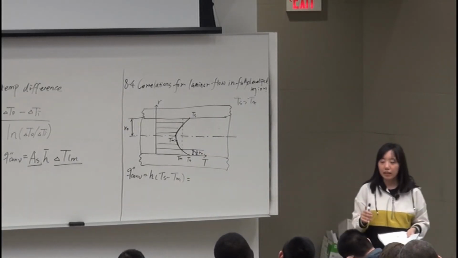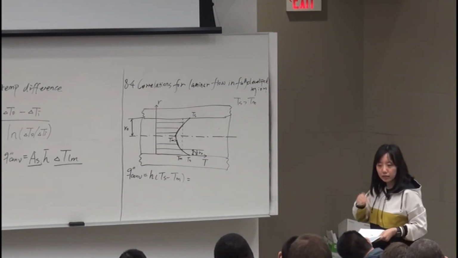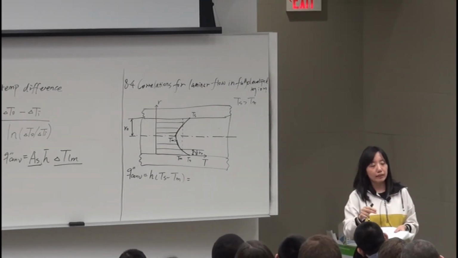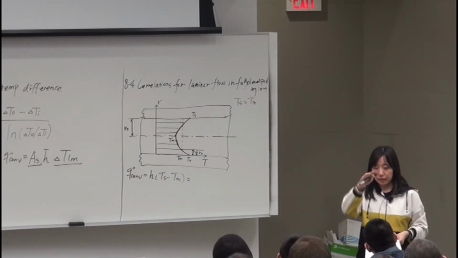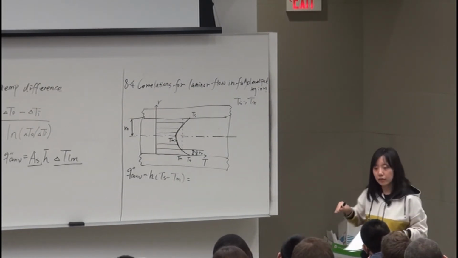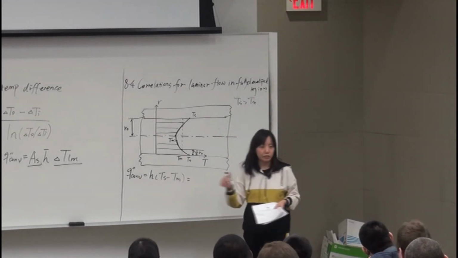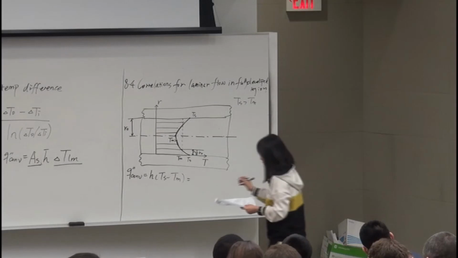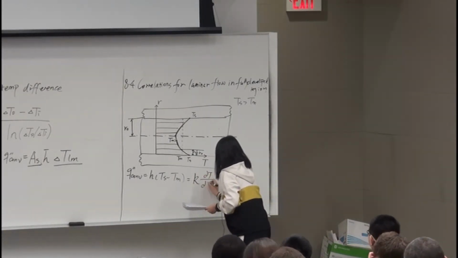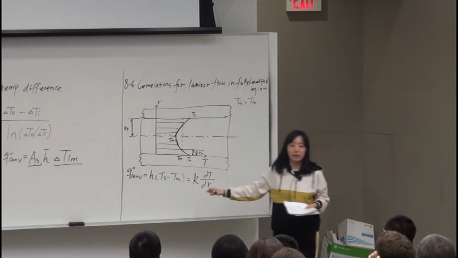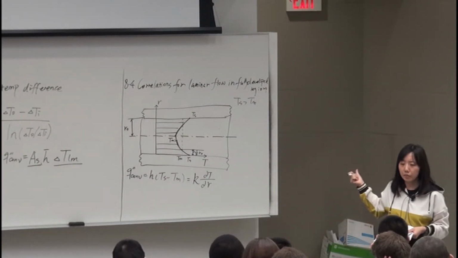Since the first class of the second week, we learned that convection is a combination of conduction within a very, very thin thermal boundary layer and advection outside. H times the temperature difference can also be considered as the conduction within the thermal boundary layer.